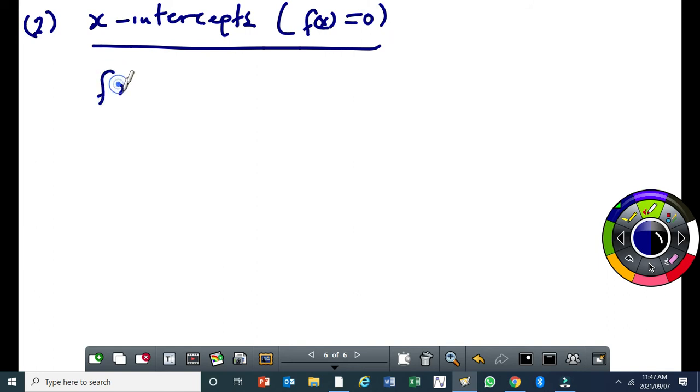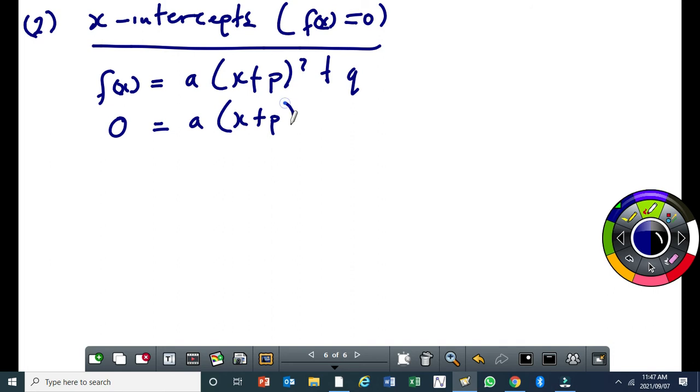So if you have f of x equal to a times x plus p squared plus q, like that, and you substitute f of x to 0, you get 0 equal to a times x plus p squared plus q.